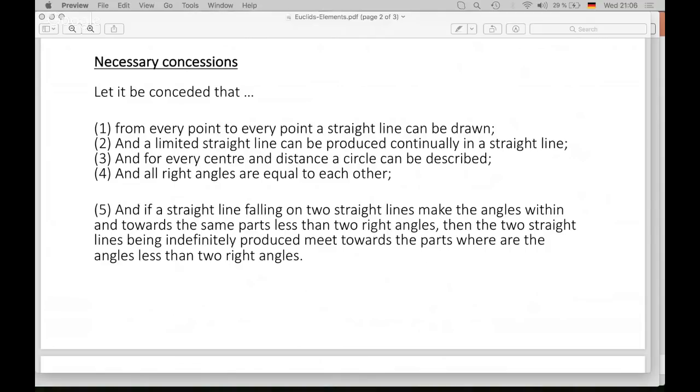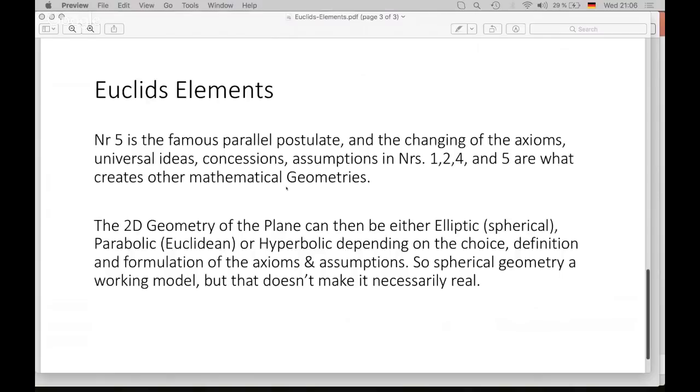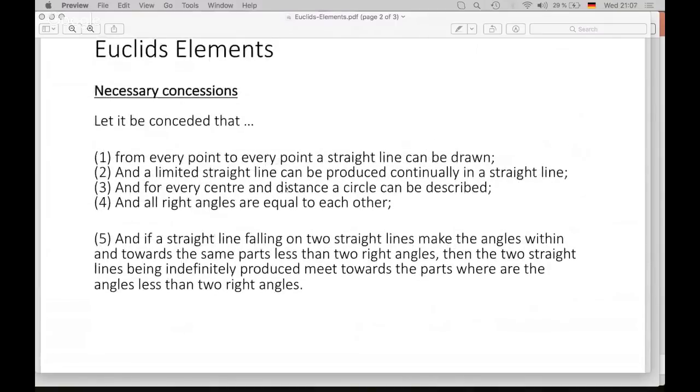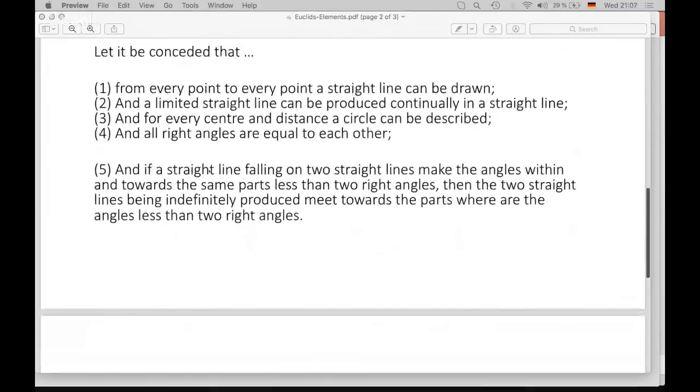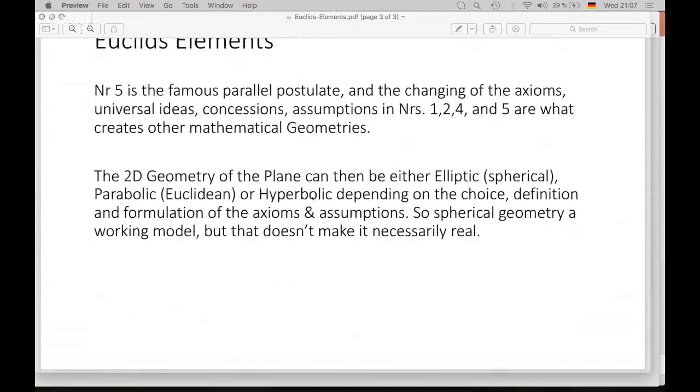And basically, if you take axiom number 5 and you reword it, then that's how you change planar, Euclidean geometry into spherical or hyperbolic geometry. It's basically just a manipulation of these axioms. So that's where the formalism comes into it. If you take a different definition of what a parallel line is, then you can go into a wonderful mathematical hyperland, right?